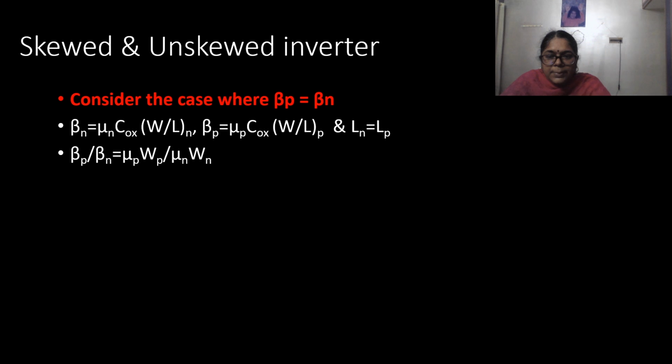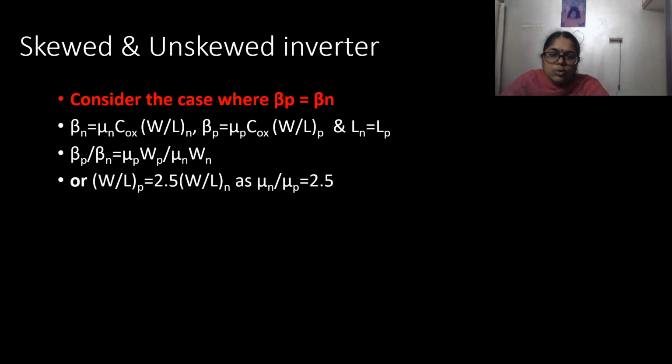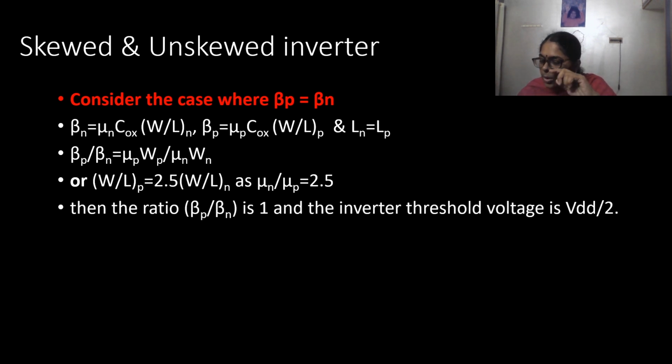So when beta P by beta n is considered, it is equal to mu P WP by mu n Wn, or W by L of pMOS transistor will be equal to 2.5 times W by L of the nMOS transistor, because mu n is equal to 2.5 mu P. So the ratio beta P by beta n is 1 when the width of the pMOS transistor is equal to 2.5 times the width of the nMOS transistor, and at that time the inverter threshold voltage will be equal to VDD by 2.